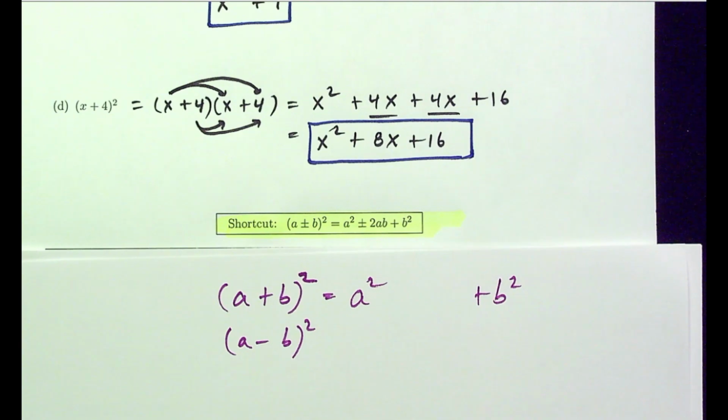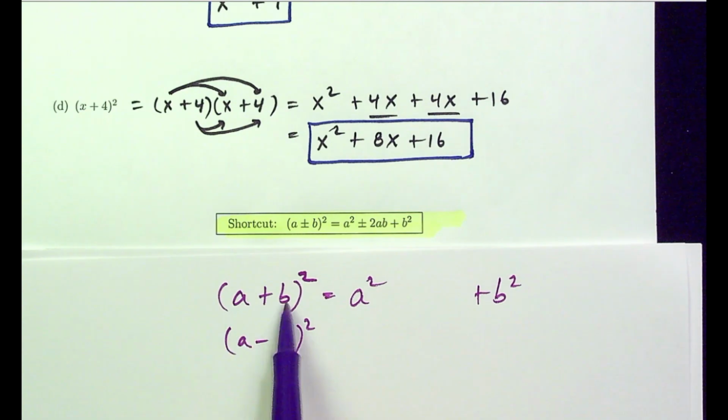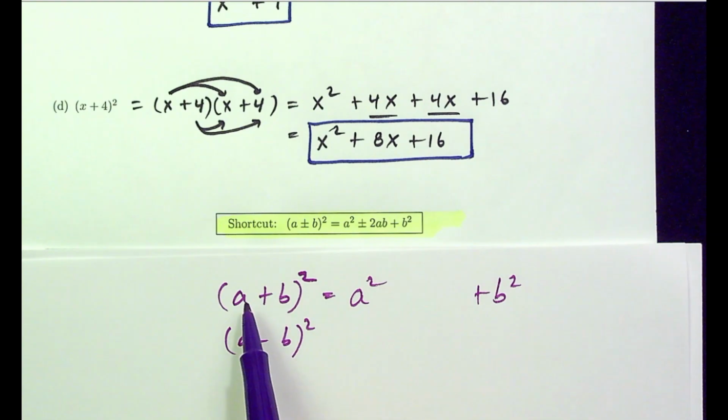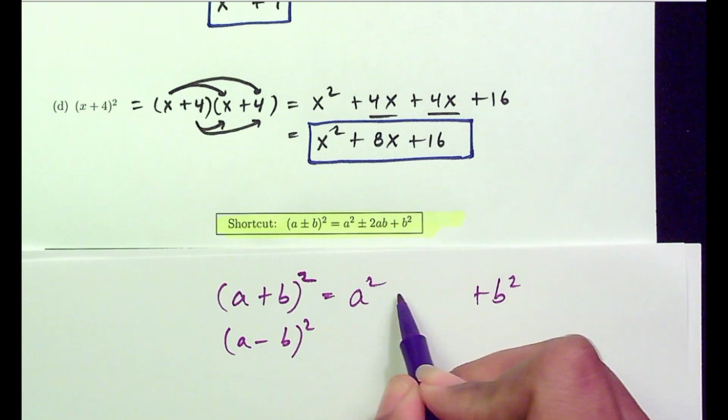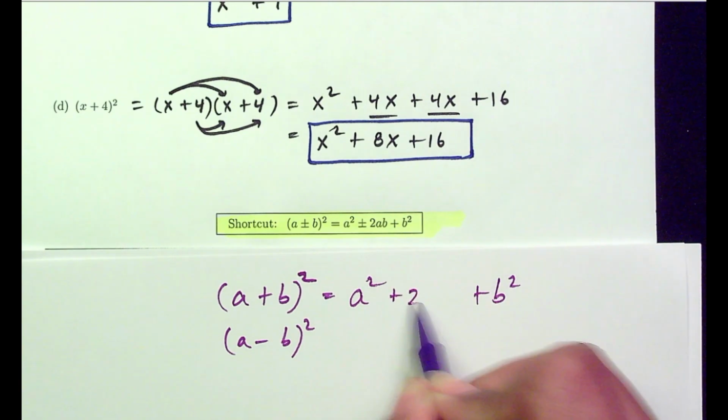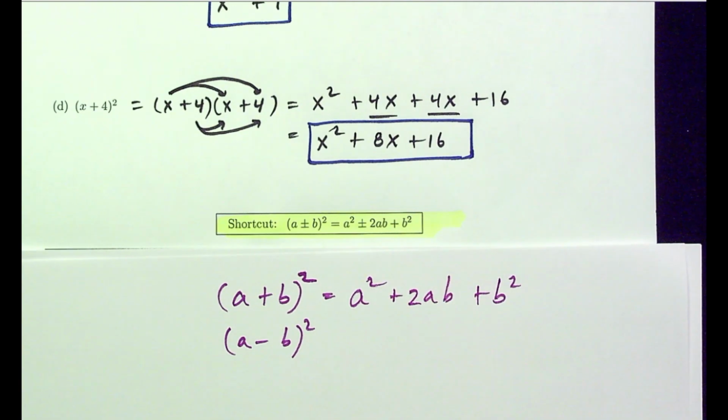But there is always a term in the middle, because there's got to be three terms. The term in the middle is going to be the product of these two doubled, or times two. So you multiply the a and the b. A times b is ab, and then times 2 is 2ab. So it's going to be 2ab. And that's it.